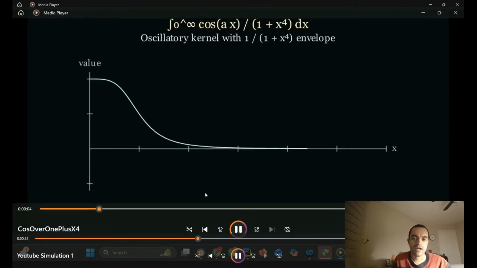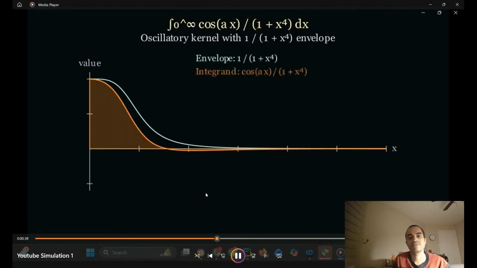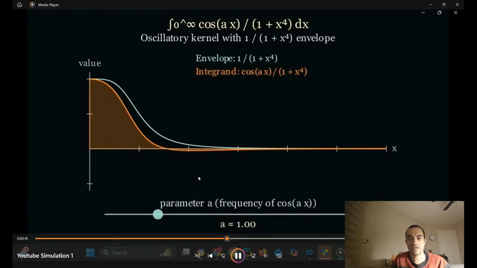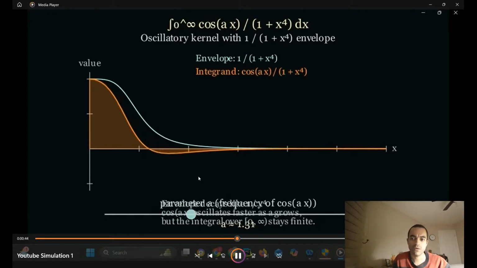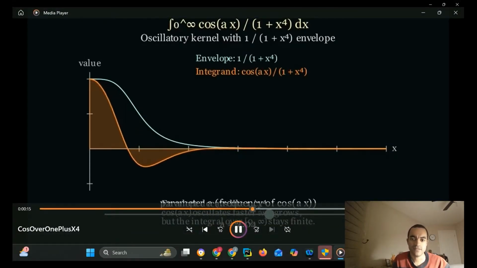We have a graph that shows the value on the y-axis, with x on the x-axis, and the oscillatory kernel has an interesting envelope. You can see the integrand, cosine of ax over 1 plus x to the 4.